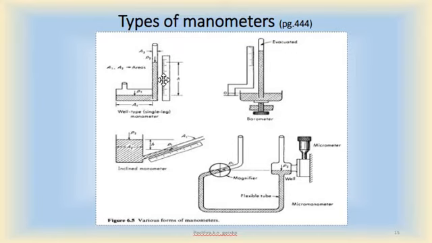However, this type of arrangement is comparatively more sensitive to non-uniformity of the tube cross-section area, that is this cross-section area, and thus it is considered somewhat less accurate. So that is about this well type manometer.